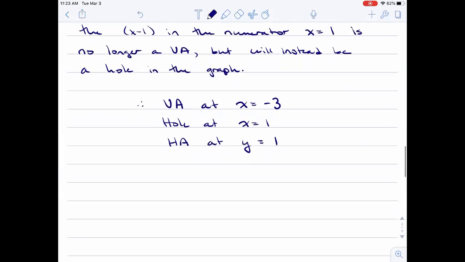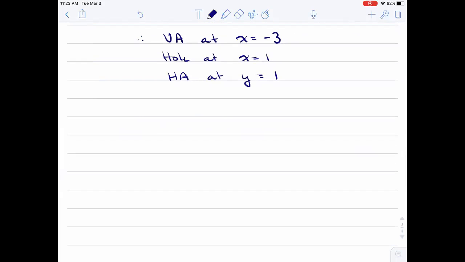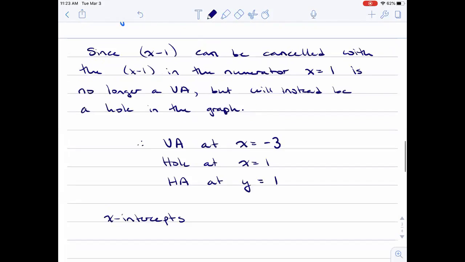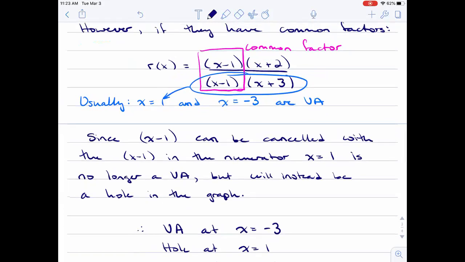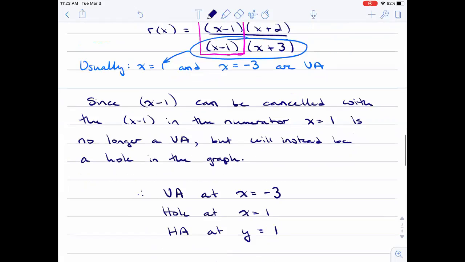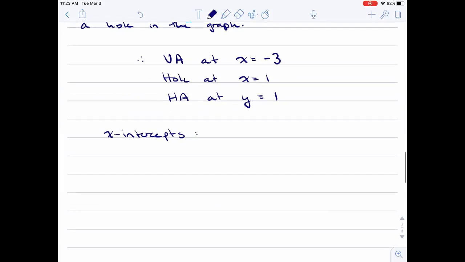I can find my x-intercepts. They are when the numerator is 0, so x minus 1 times x plus 2 equals 0.